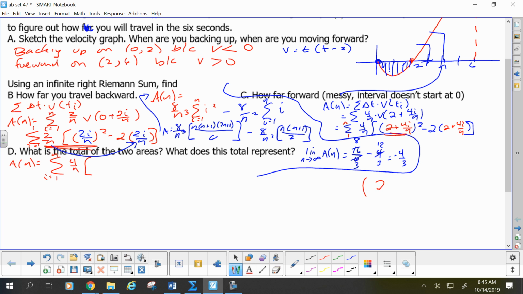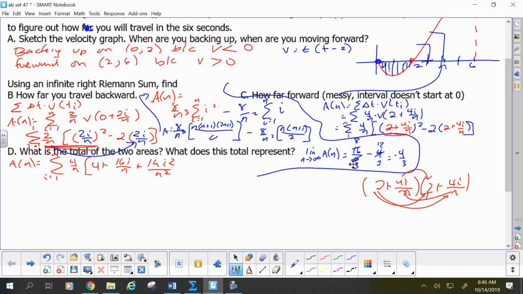You want me to write it here so you can look at it? Here is 2 plus 4i over n. Okay, so first is 4. Then the OI is 8i over n and 8i over n. So the OI is 16i over n. And the last is 4i over n times 4i over n, 16i squared over n squared.